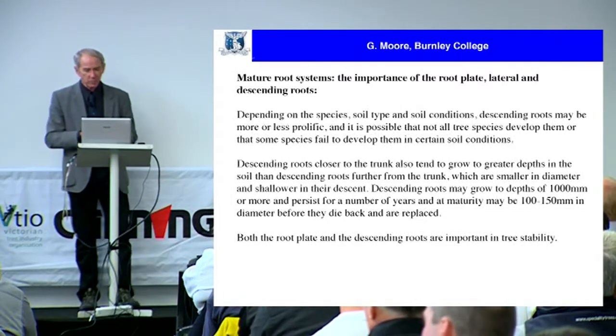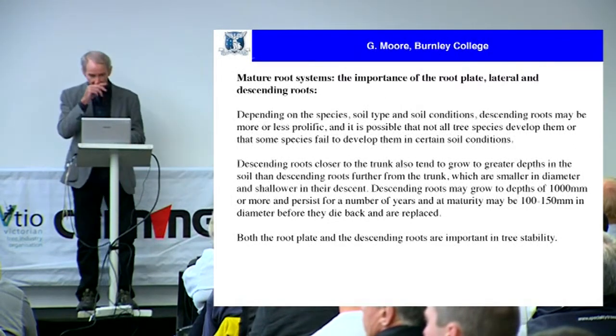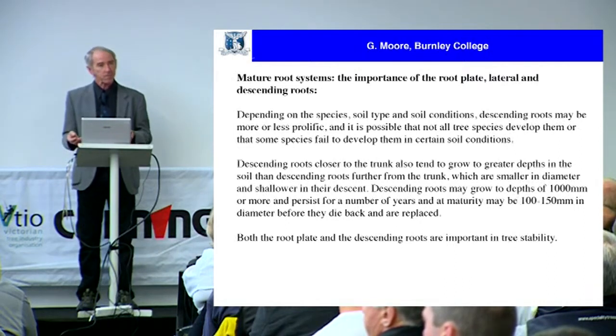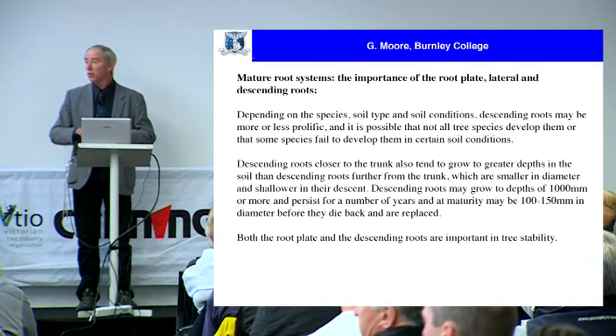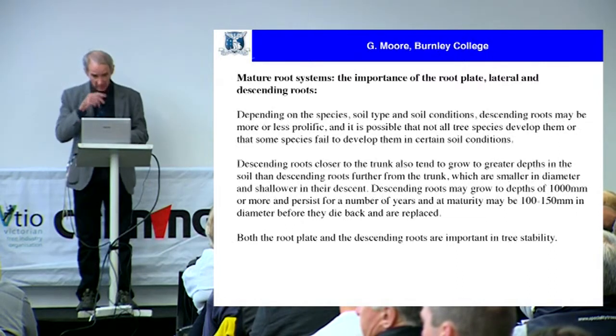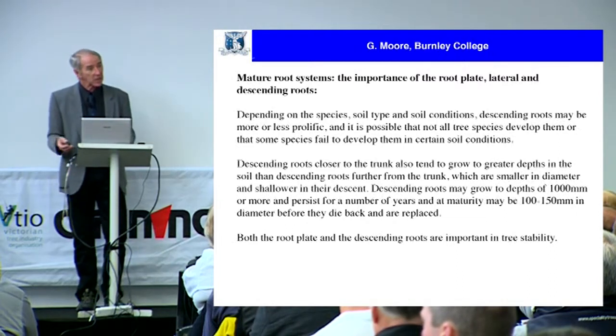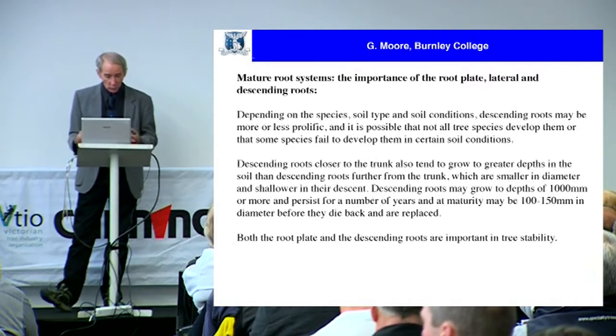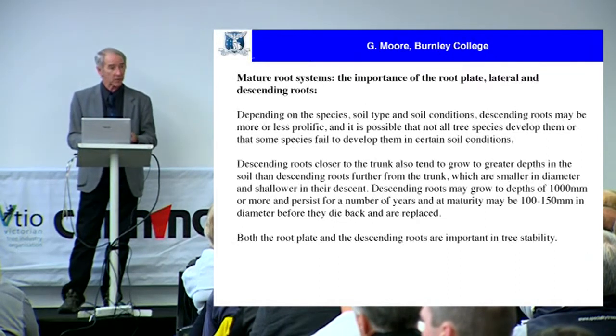Now, the other thing I wanted to point out to you is that in relation to Windthrow, the descending roots are really important. We all know how important the root plate system is for absorption of water and nutrients, but don't forget the descending roots are really important in terms of stability.